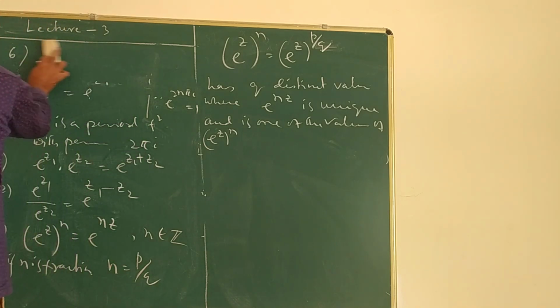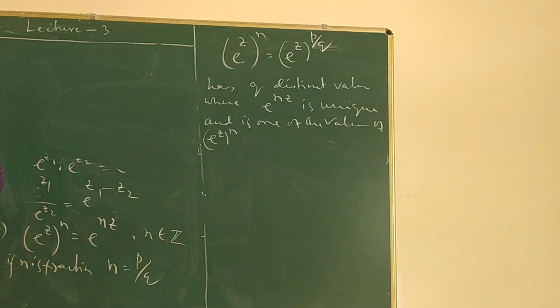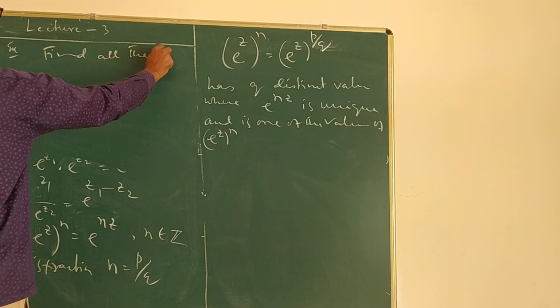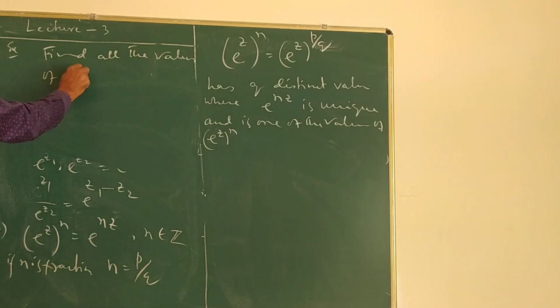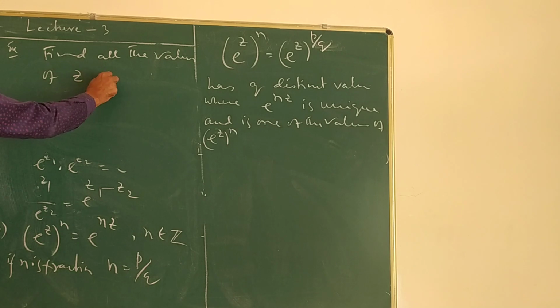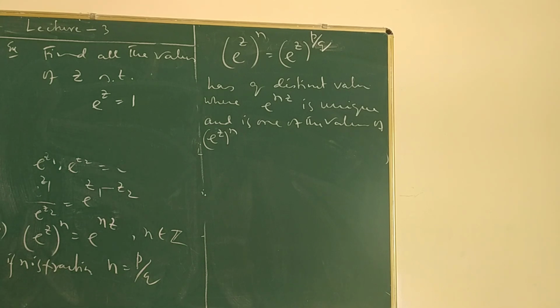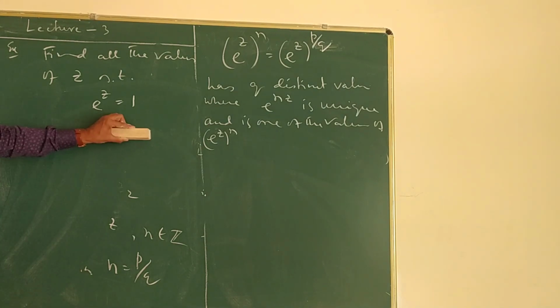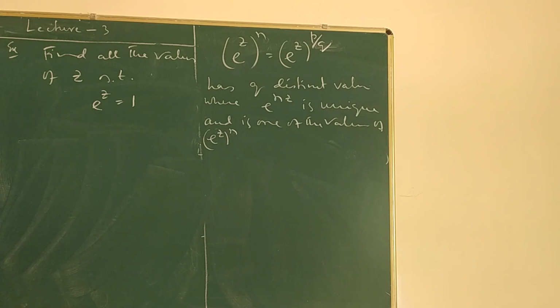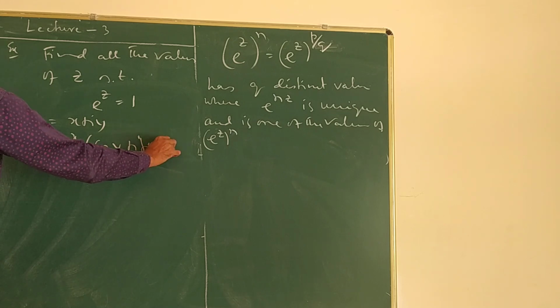Now we have some examples. Find all the values of z such that e to the power z equals 1. First of all, z is equal to x plus iy. So e to the power z is e to the power x times (cos y plus i sin y).